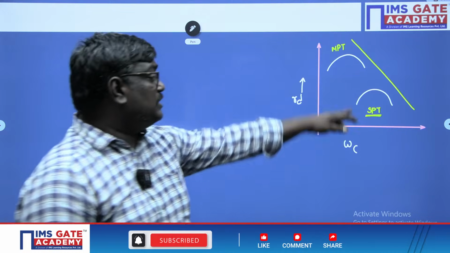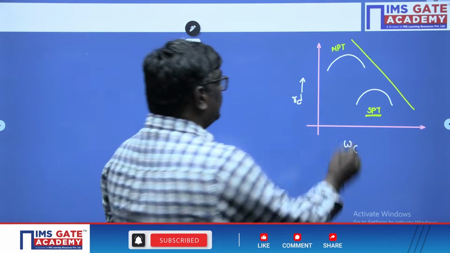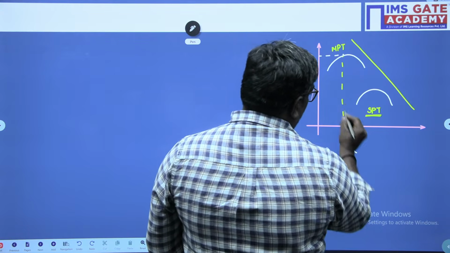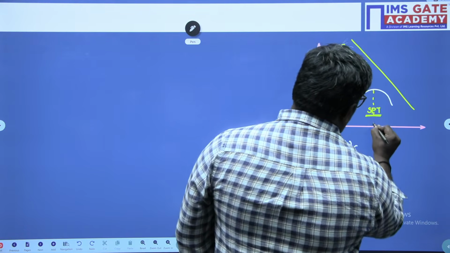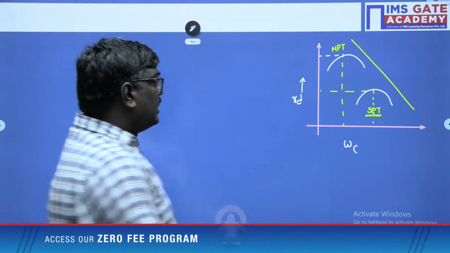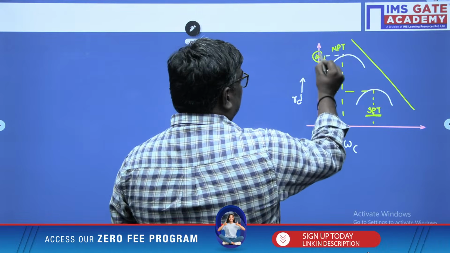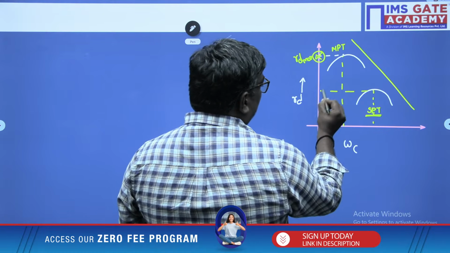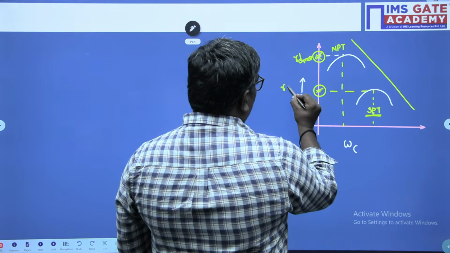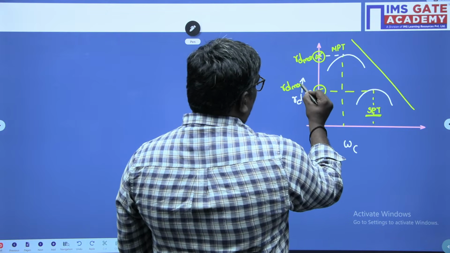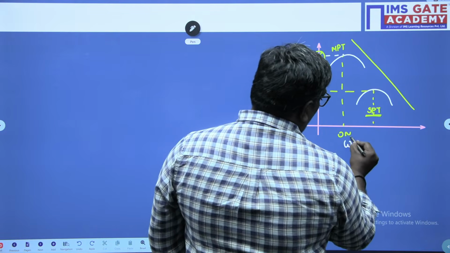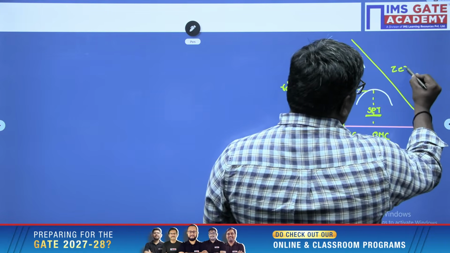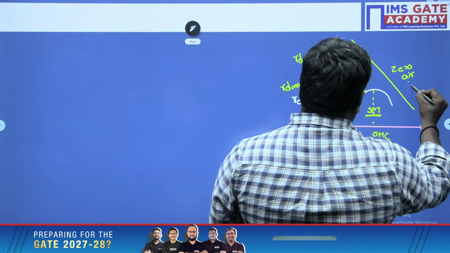Don't confuse it with the standard penetration test. When I talk about the standard Proctor test here, this is called the maximum dry density. And this is also maximum dry density. And this is the OMC. This is also the OMC. This we call the zero air void line, my dear students.